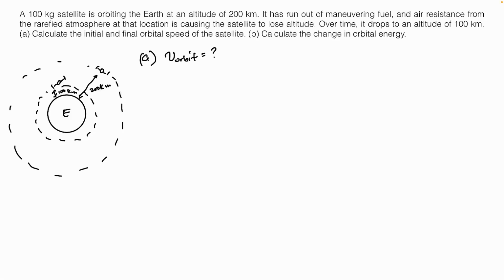We know something about this conceptually. Where is this satellite going to be going faster? Remember, orbital mechanics was weird, wasn't it? The lower it is, the faster it goes.